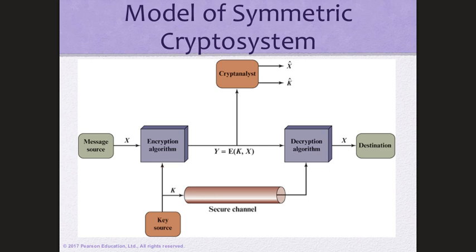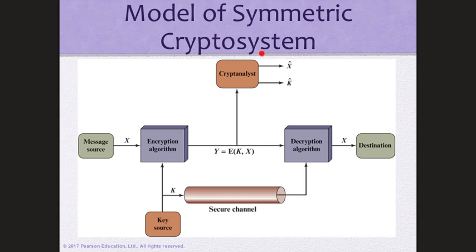It's either existing already here and has to be given to the other one through some independent secure channel, different from the communication channel, okay? And then there is the decryption side with the decryption algorithm D of K and Y, producing X at the output of the decryption, and then the data is consumed at the destination.